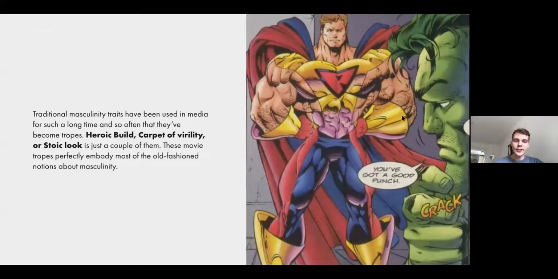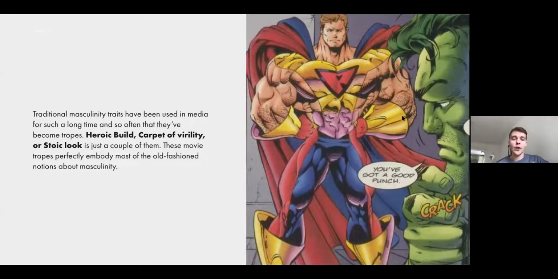So as I was doing research and thinking how to approach this topic, I noticed that in a lot of our media texts we use old-fashioned masculinity ideas, and they've been there for such a long time, and so often, that they've become tropes, tropes that have names.